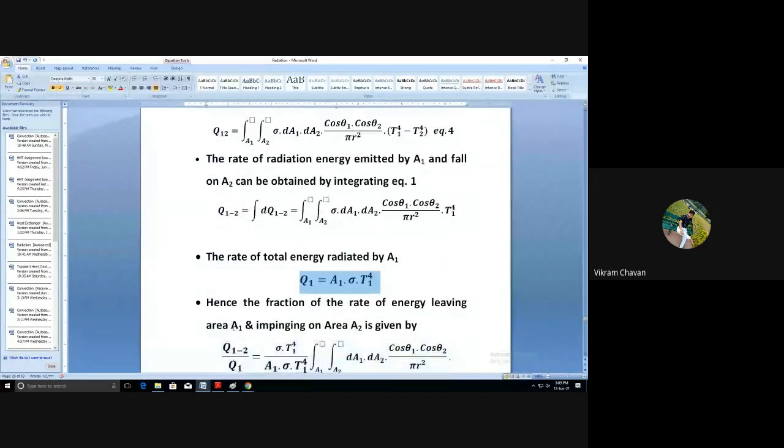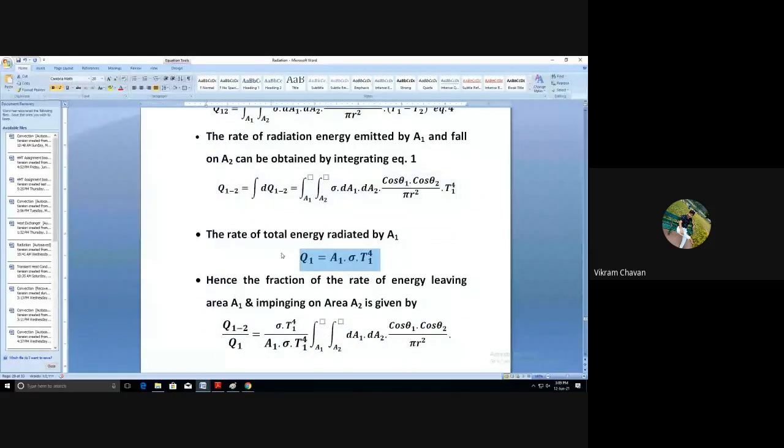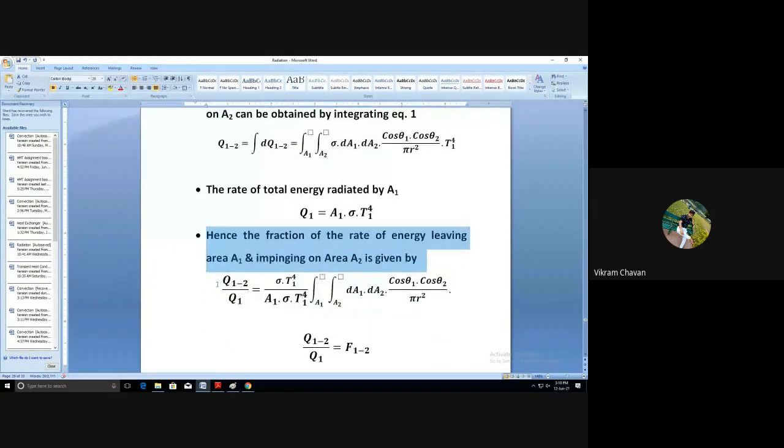Then we can write next from these two equations. Hence, the fraction of the rate of energy leaving area A1 and impinging on area A2 is given by Q1 to 2 divided by Q1.